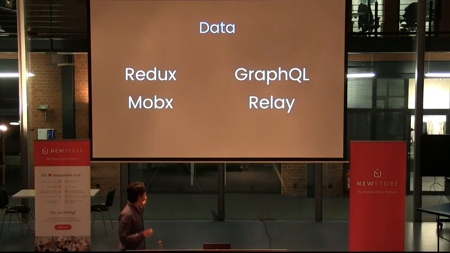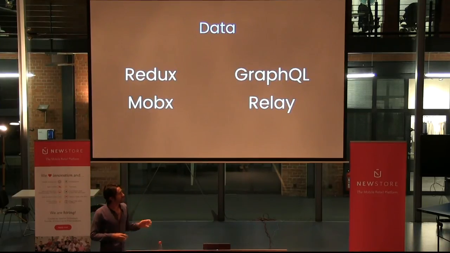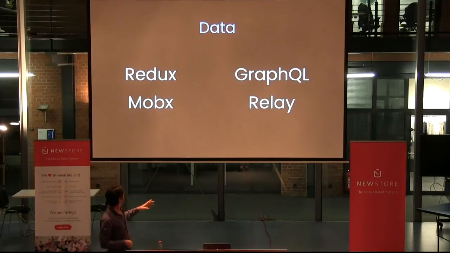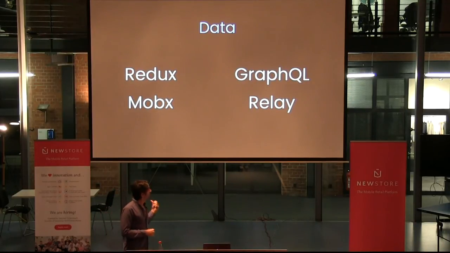And then we have GraphQL and Relay, which are 2 really cool tools. GraphQL itself is a new way of thinking about data in general, of accessing APIs, and something that's pretty tightly coupled to the React ecosystem. I'm not going to describe it, but check it out. It's very cool.